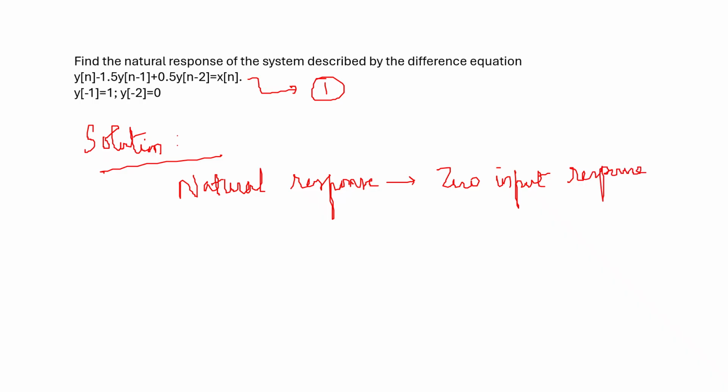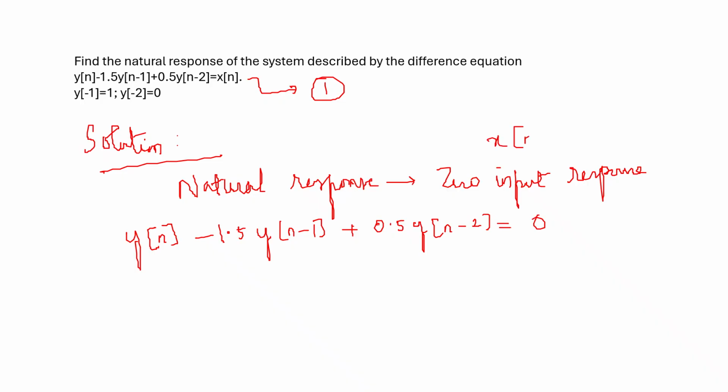So equation 1 can be written as y of n minus 1.5 y of n minus 1 plus 0.5 y of n minus 2 is equal to 0, because 0 input in the sense x of n is equal to 0. So we are supposed to find the solution for this homogeneous equation. We can write this as equation number 2.